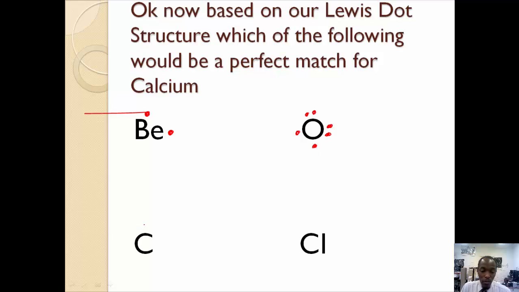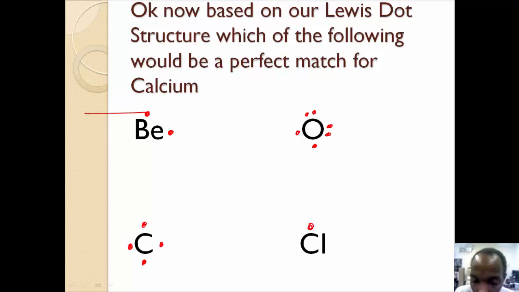All right, let's look at carbon. All right, we do it, and carbon is in group 4. So 1, 2, 3, 4. And chlorine is in, let me get this correct, group 7.